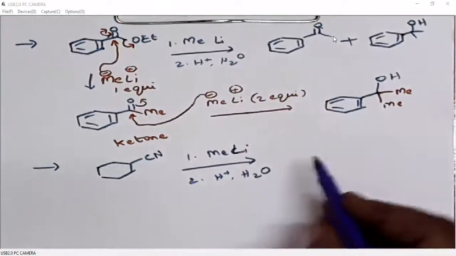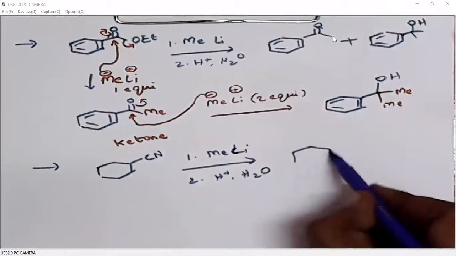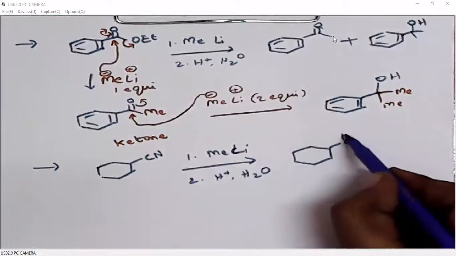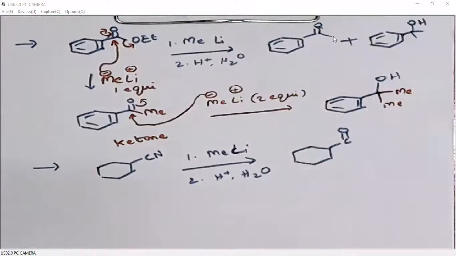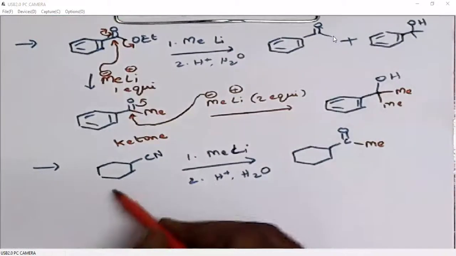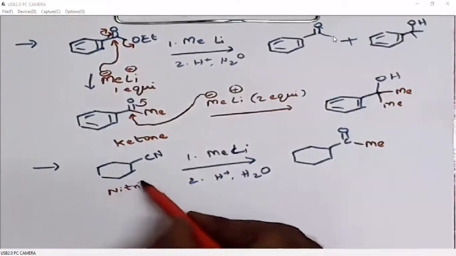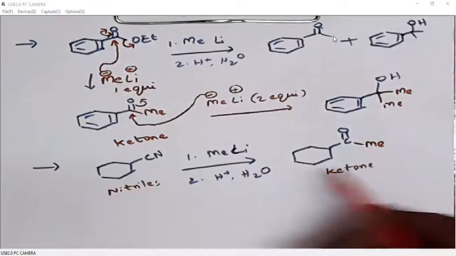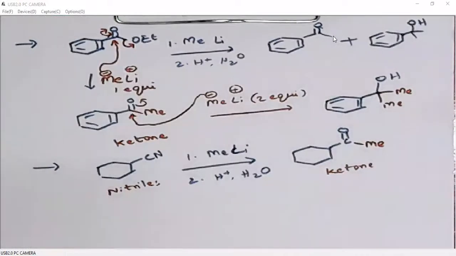So only one equivalent of methyl lithium adds to the nitrile group, which generates an iminium salt that is hydrolyzed to ketones. So nitriles can be converted to ketones upon addition of methyl lithium.